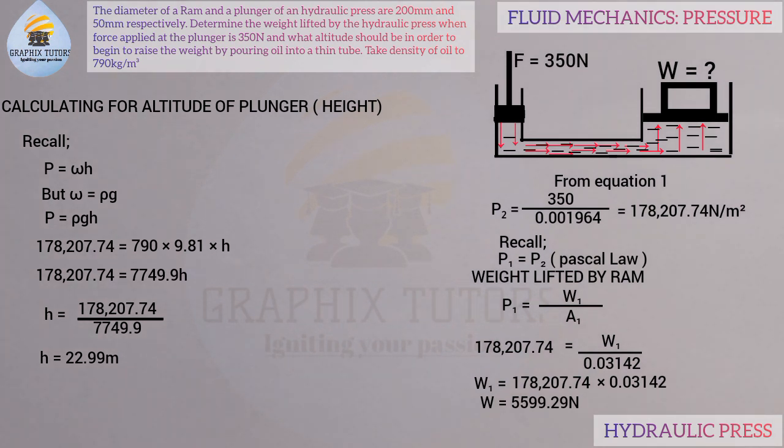So meaning that the height that you must raise the plunger in order to apply a force of 350 Newton that will lift the weight of 5,599.29 Newton is 22.99 meter, right? So these are the needful. This is what we are told to look for.